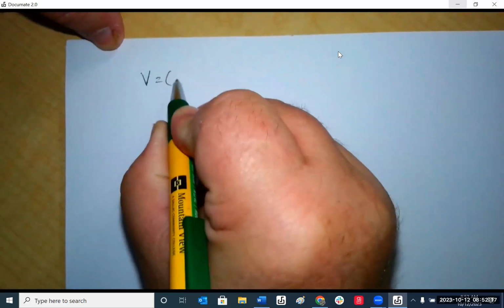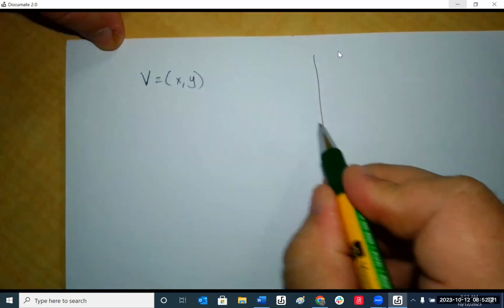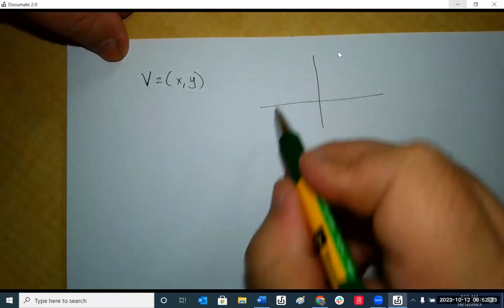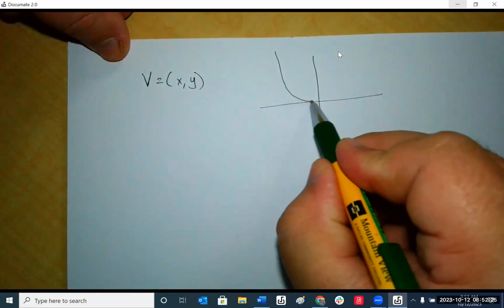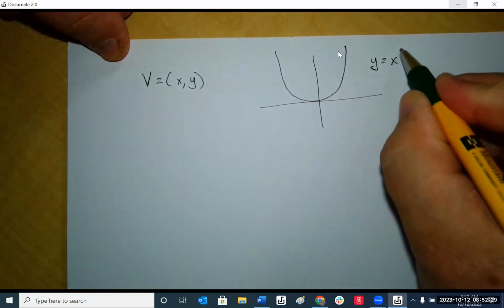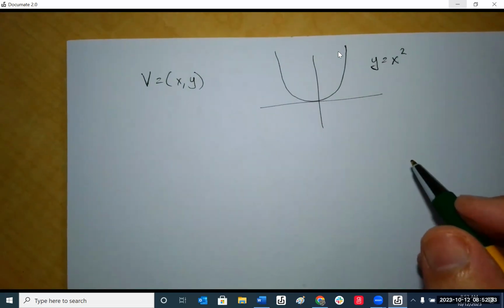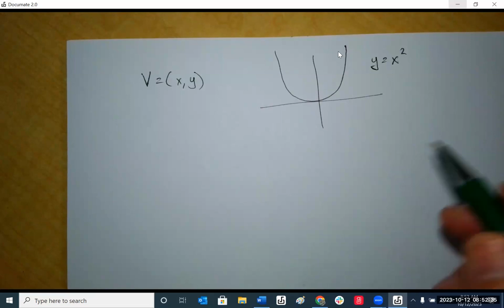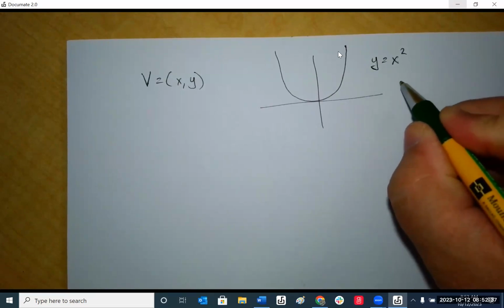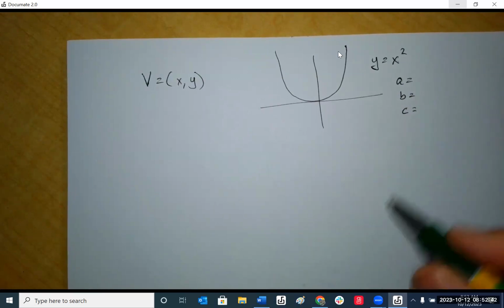Once you find the vertex, it's a point. Let's say it's the original function, y = x squared. What is A, what is B, and what is C in this equation?